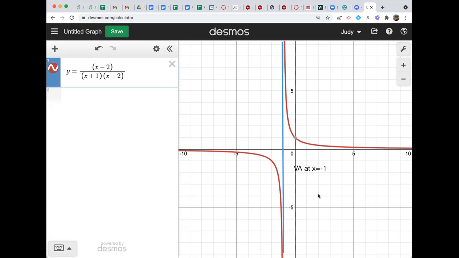But if we go to x equals 2, that would be like right here. But it looks like it's just a regular function, right? It just looks regular. So how would we know that there's a hole? Well, we can definitely tell there's no vertical asymptote there, right?